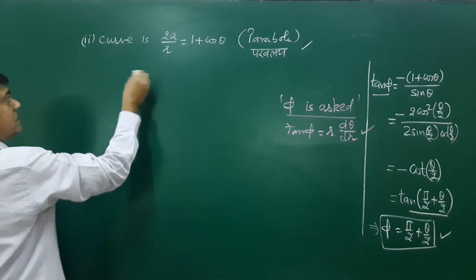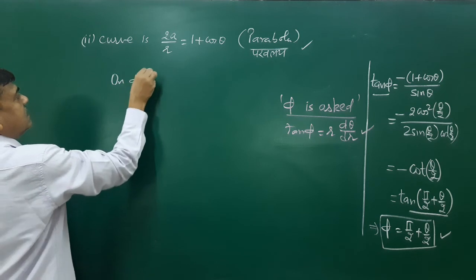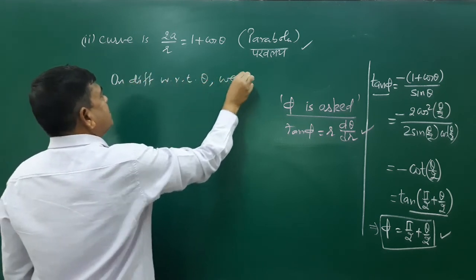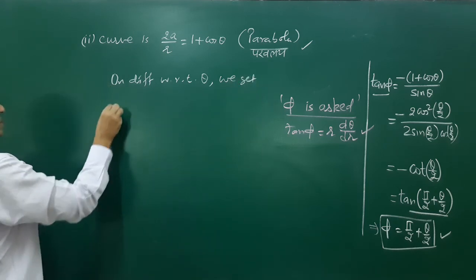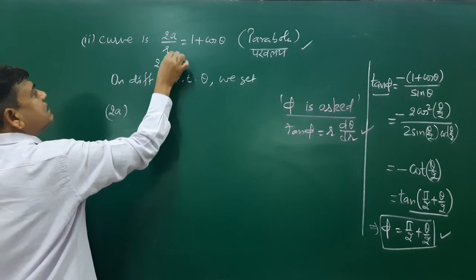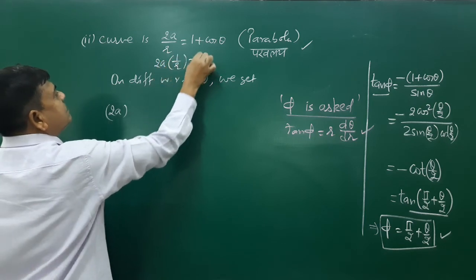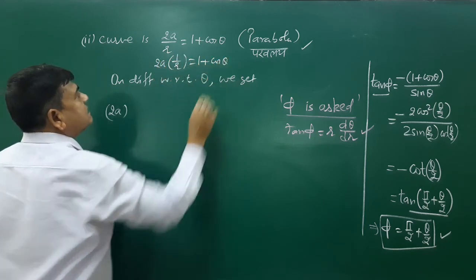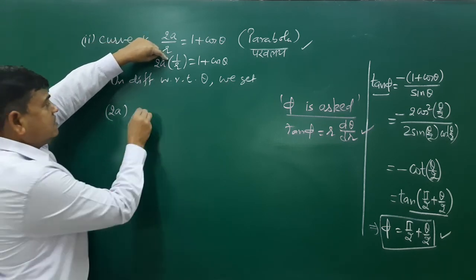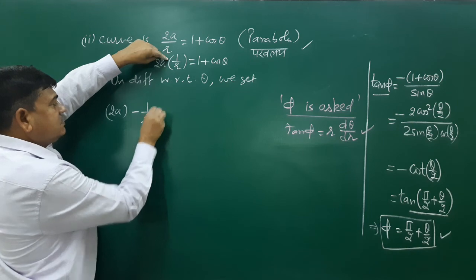So on differentiating with respect to theta, we get, 2a is constant. This is written as 2a times 1 by r equals 1 plus cos theta. So this is the constant. Now differentiation of 1 by r is minus 1 upon r square.